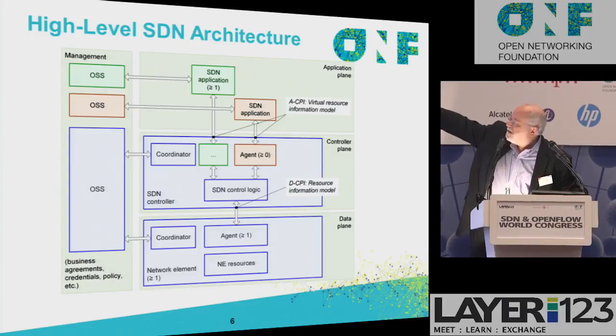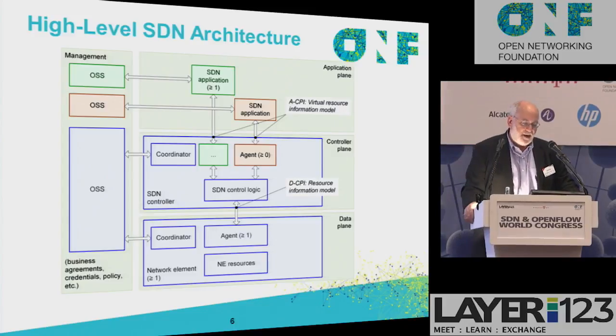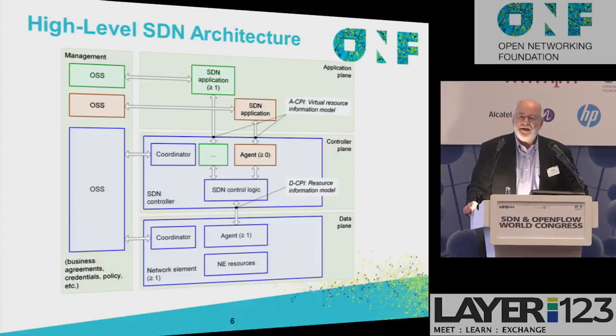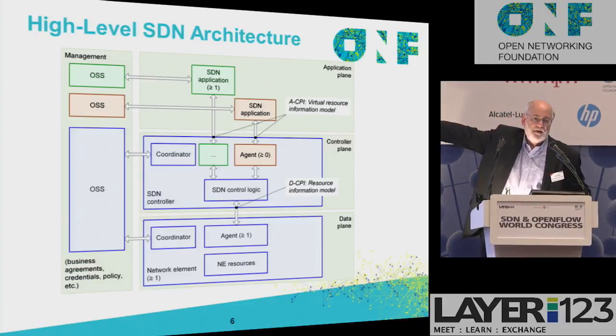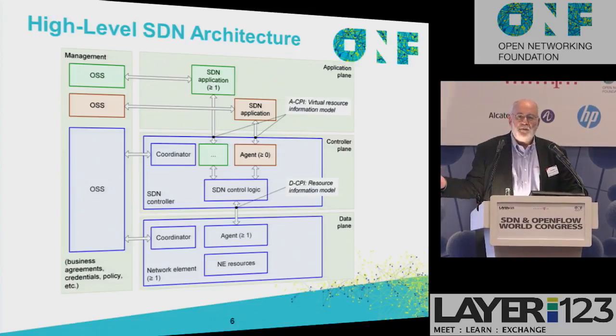And then looking above the controller to the applications, that's the northbound interface from the controller to the application plane. And you have any number of applications up there that want to use the resources of the network. And one thing that's important is that the agent box in the controller presents a logical, or an abstract, interface to the applications for the network resources.